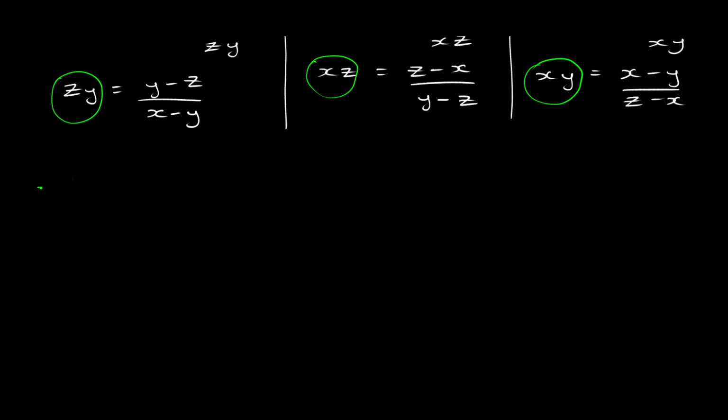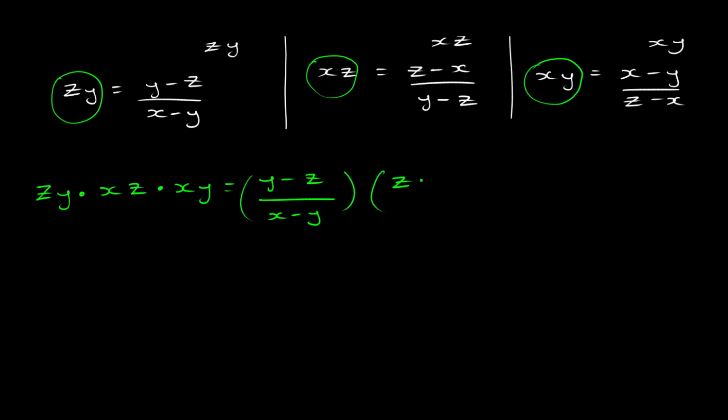So zy times xz times xy, and this would be equal to y minus z over x minus y, multiplied by z minus x over y minus z, multiplied by x minus y over z minus x.